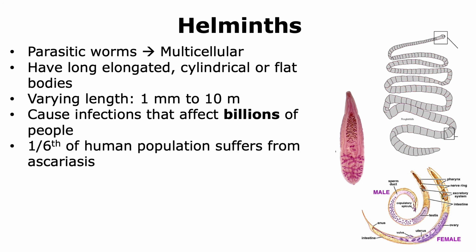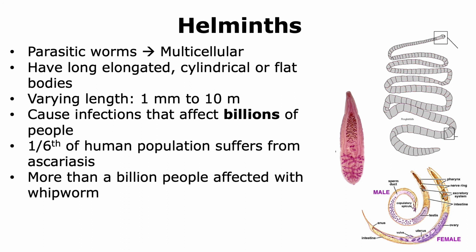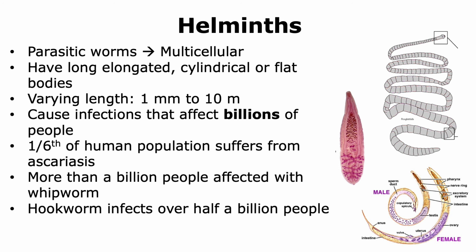For example, 1/6 of the human population suffers from an infection called ascariasis that is caused by the nematode worm Ascaris. More than 1 billion people are affected with another type of helminth called whipworm. Hookworm, which is another helminth, infects over 500 million people. So thus we can see that helminths can cause a lot of misery.